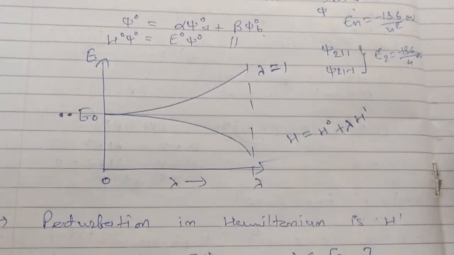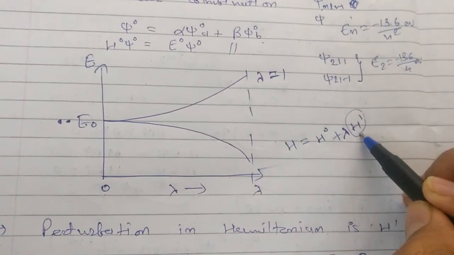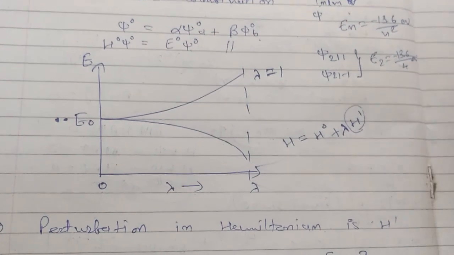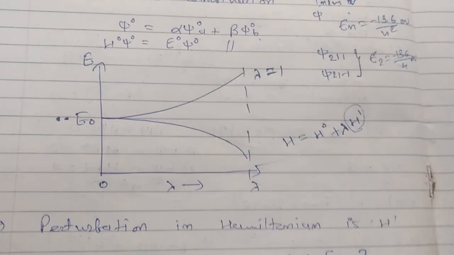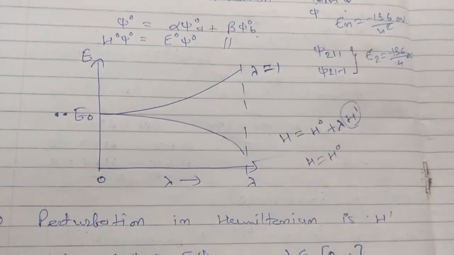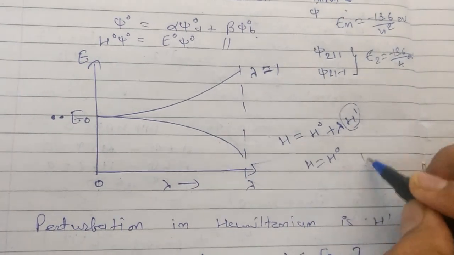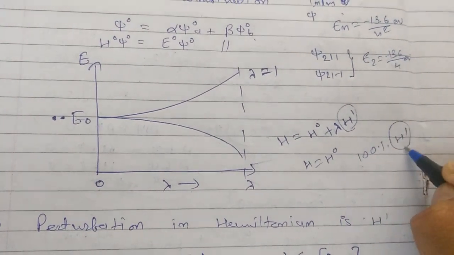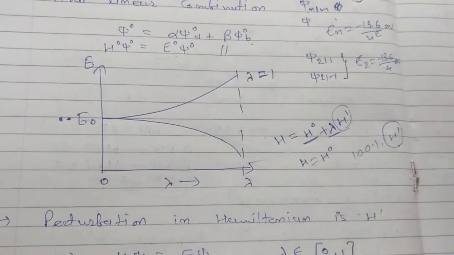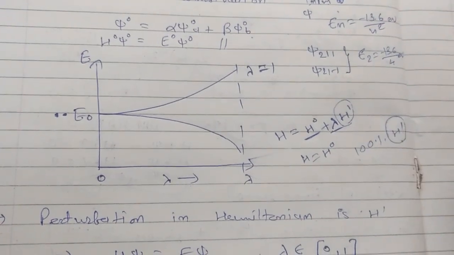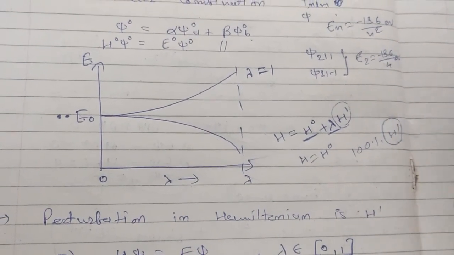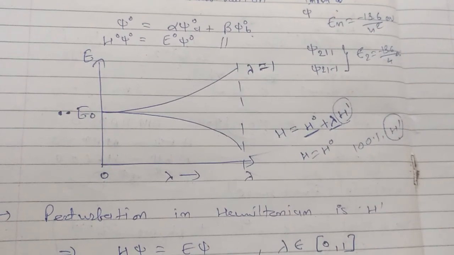It tells us how much of the perturbed Hamiltonian we are getting. If lambda is equal to 0, then it simply will be H naught, and if lambda equal to 1, that means 100% of H1 will be added to H naught. With lambda we can determine how much of H dash, the perturbed Hamiltonian, we will use. Basically just that.